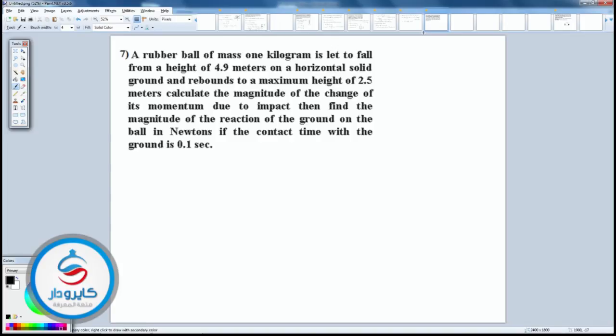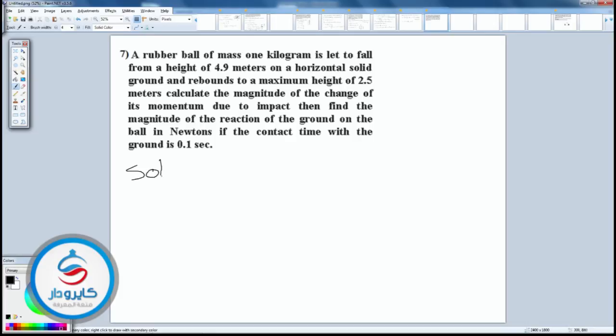Calculate the magnitude of the change of its momentum due to impact. Then find the magnitude of the reaction of the ground on the ball in newtons if the contact time with the ground is 0.1 second.